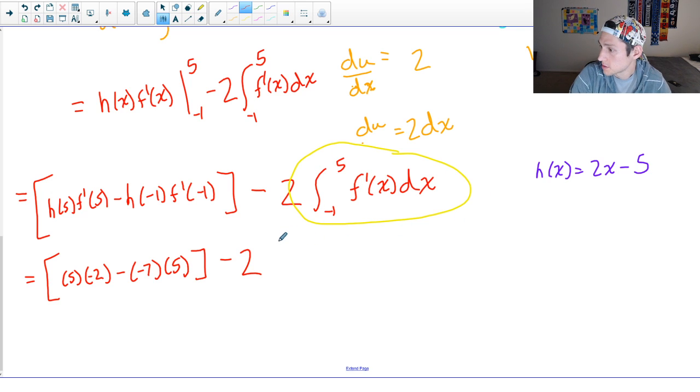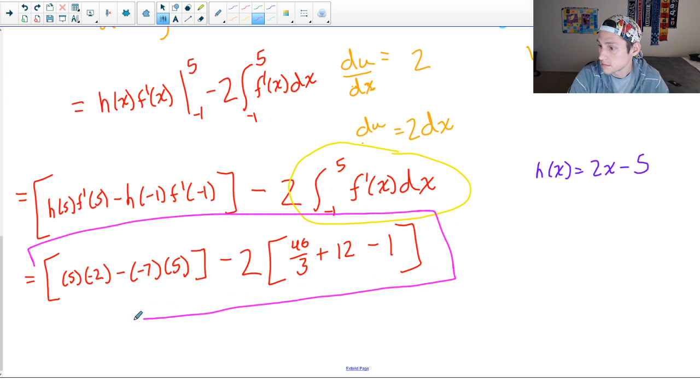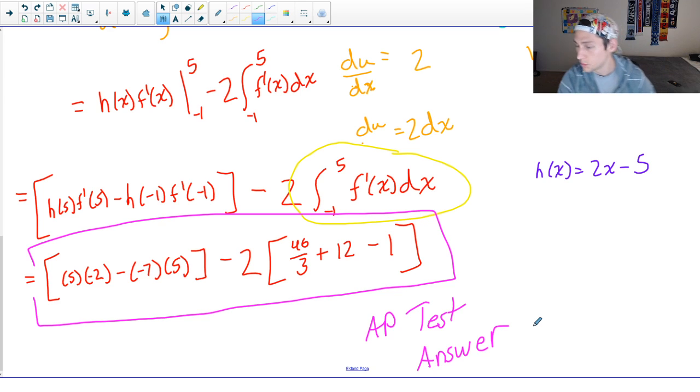So this integral is 40 thirds plus 12 minus 1. Now this is gross, but who cares? So this is a spot where, yeah, you definitely would just want to leave it right here.